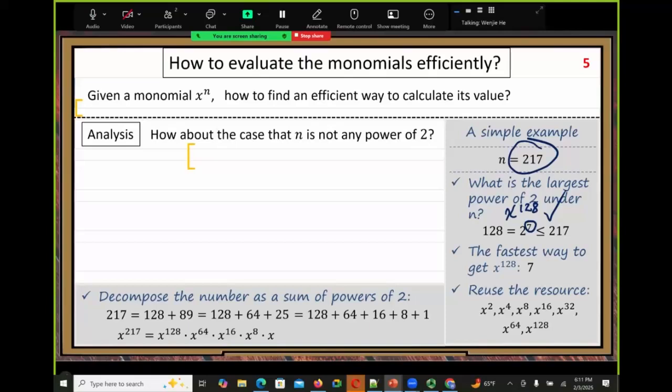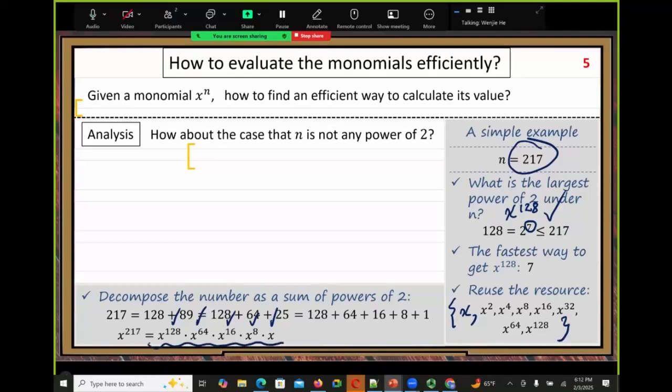When you use all these numbers, you do not need to do any new calculation, because you get them from your resource pool. We also put x in our resource pool, because we can use it directly.